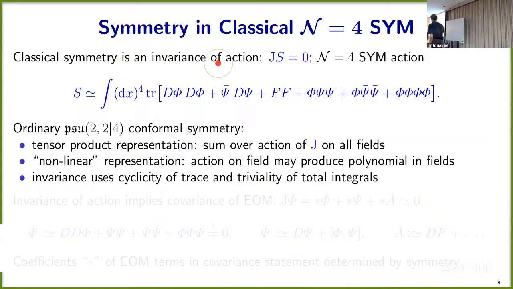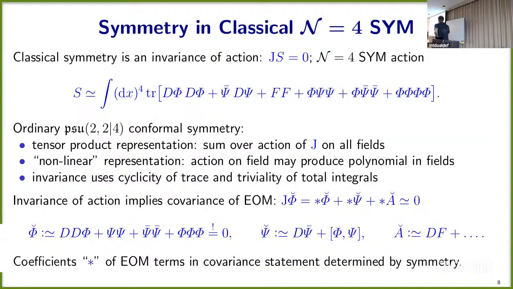And this is not a problem, because here you're within polynomials, and once you transform one letter of the polynomial to another polynomial, it still remains a polynomial. So in that sense, it's still a linear representation, but in terms of fields, it's called nonlinear. That adds a bit of complication to the whole business, and you can only get invariance if you apply cyclicity of the trace. Here you actually have a trace, and also the integral is somewhat of a similar animal. You know that total derivatives integrate to a boundary term, and we don't care about these boundary terms.